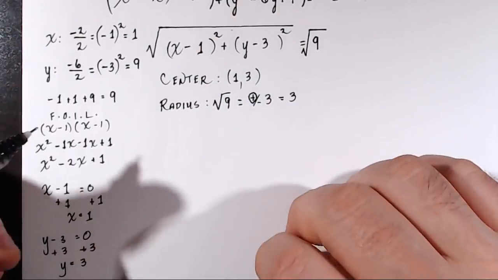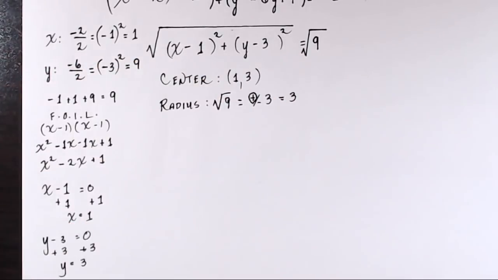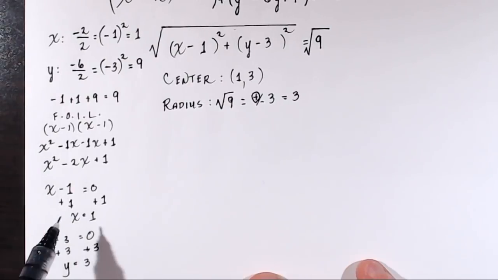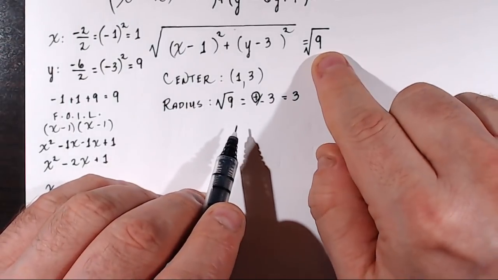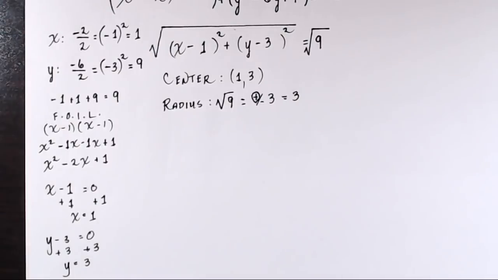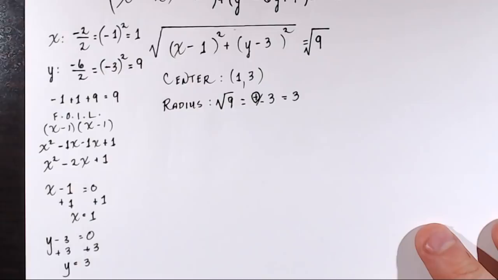And when you take the square root of the left side, these squares disappear and you're just left with y minus 1, or x minus 1 and y minus 3. So that's where we get down to where we can just solve for x and solve for y. But that is why that square root comes into play, because I'm trying to get rid of that squared term.